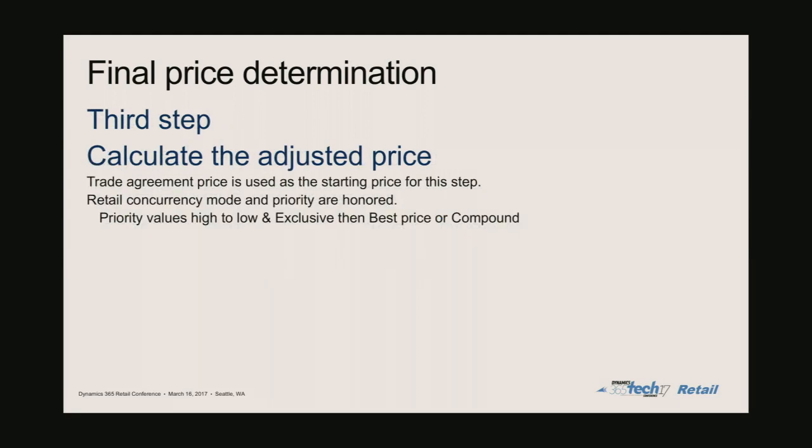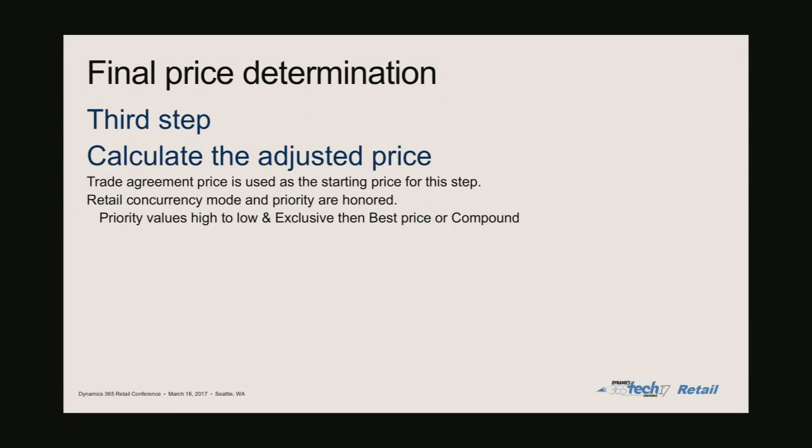So then the last step is the retail price adjustments. Here we have a trade agreement price because we either found one or we set it equal to the base price. So we start with the trade agreement price, and then we go look for retail price adjustments. And we use that retail context again. So you get a big list of price groups.